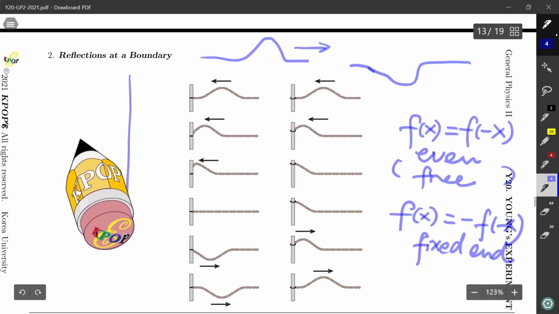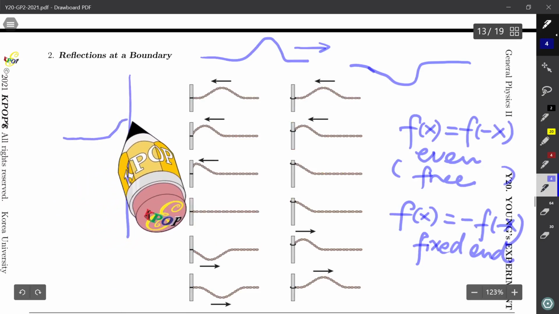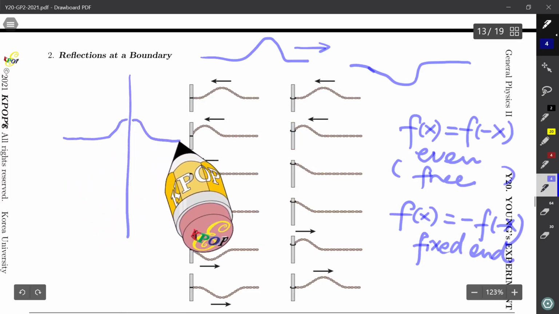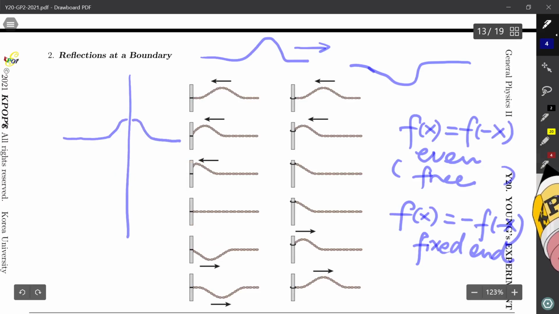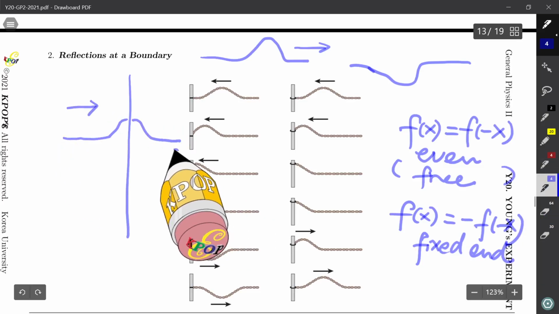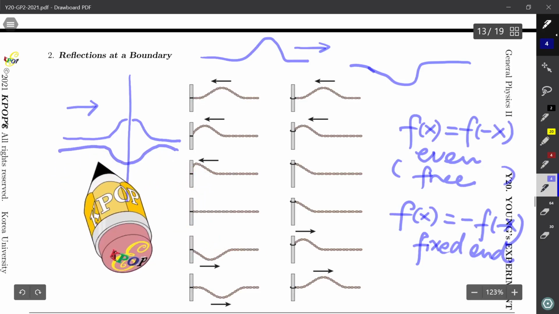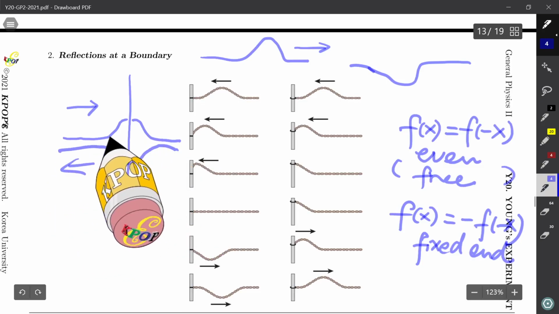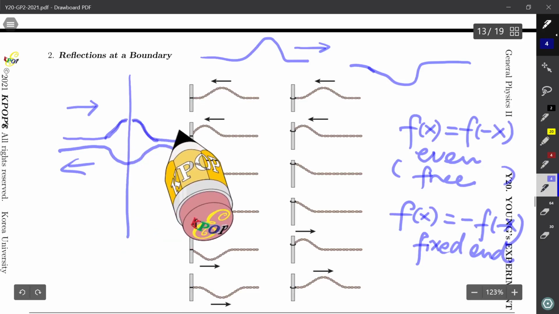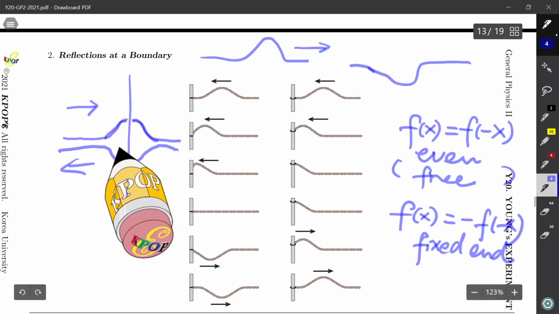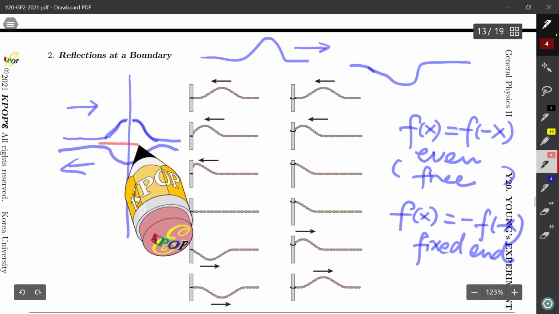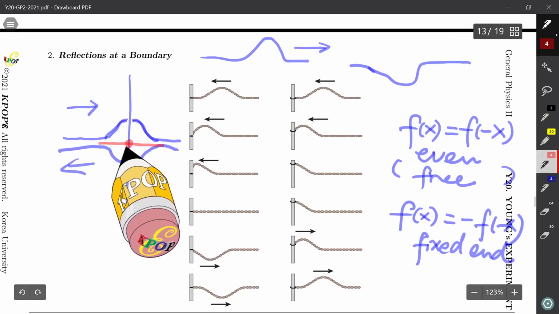So when they meet together, this is coming from the left and the other is coming from the right. They are exactly the same. They cancel exactly. So the resultant wave is exactly zero at this point.